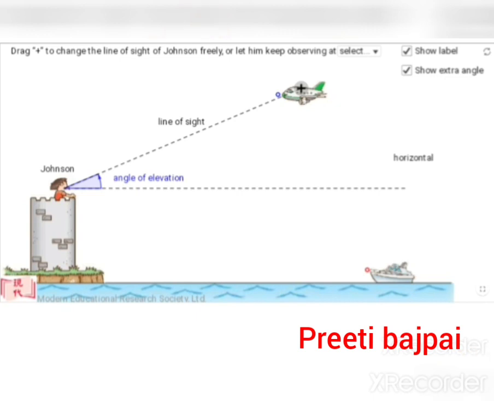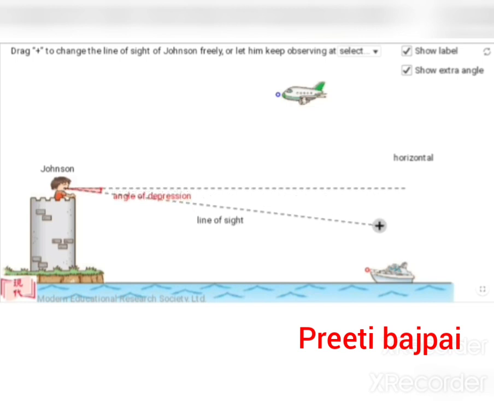In the same way, when a person wants to see objects which are below the line of sight or the horizontal line, he has to move his head downward. Now, to see the ship, a person has to move his head downward.